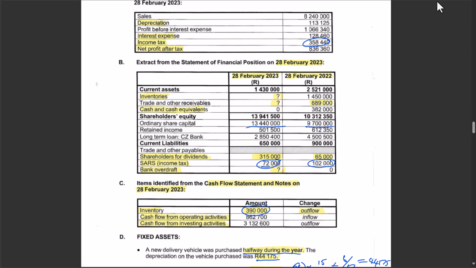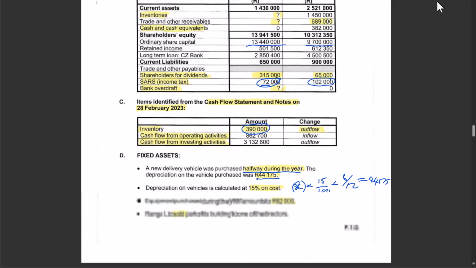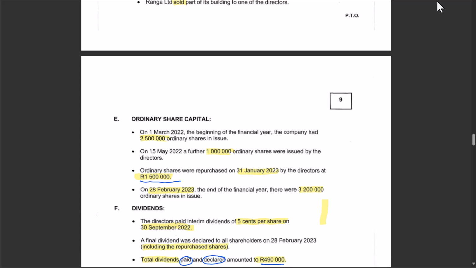But now the problem we have is that there were shares that were repurchased during the year, so you need to bring it back to the value before the shares that were repurchased were removed, so that you know exactly how much the 1 million shares were issued for, because we don't know at what price. If they give you that they were issued at 10 rand per share, you just multiply 1 million times 10, then you get your answer.